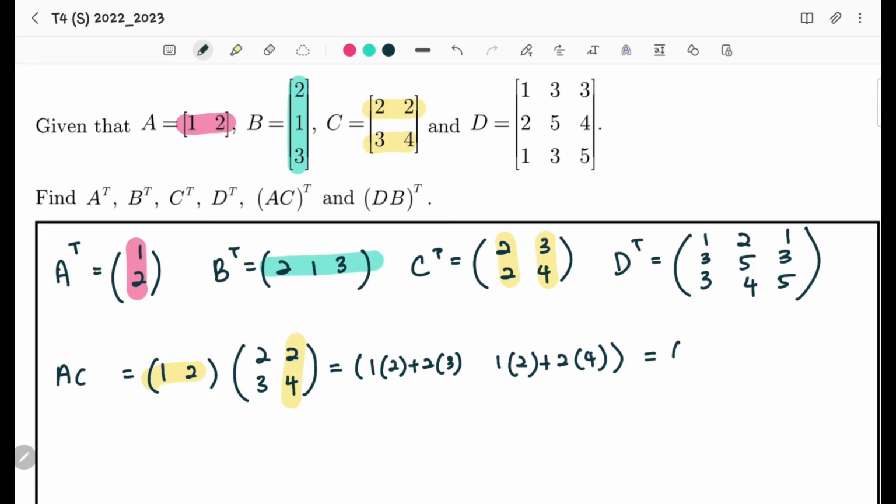Simplify and you'll get 8, 10. So AC transpose will be 8, 10.